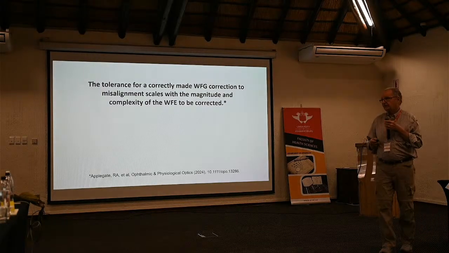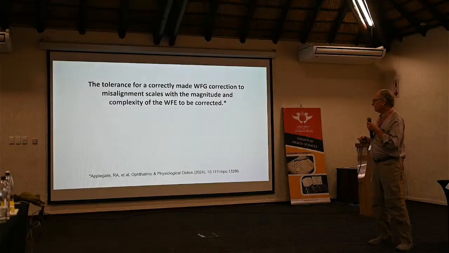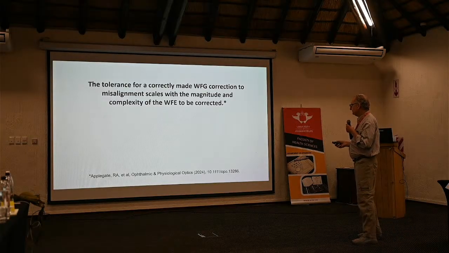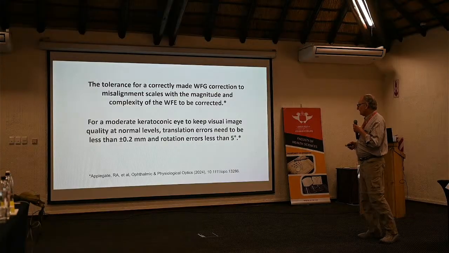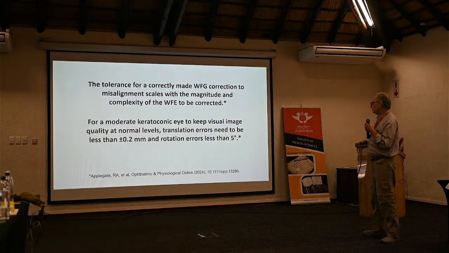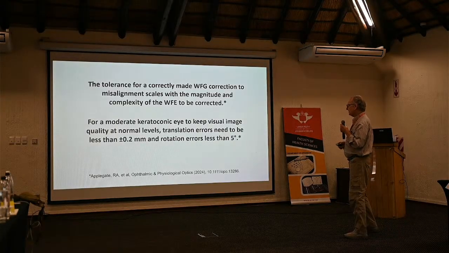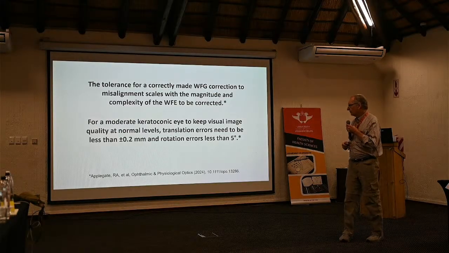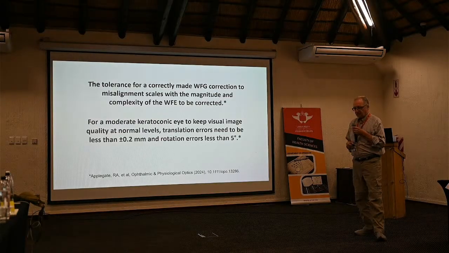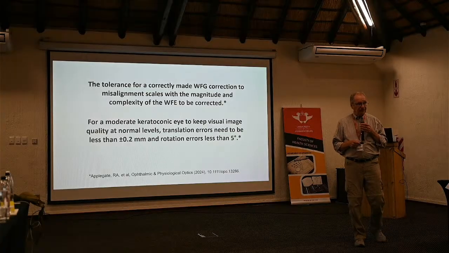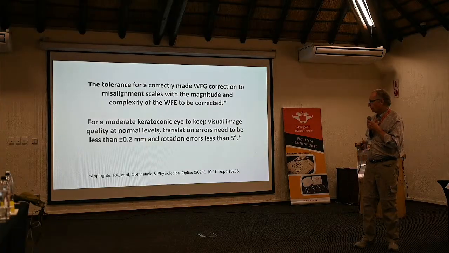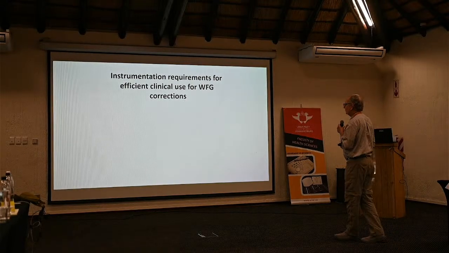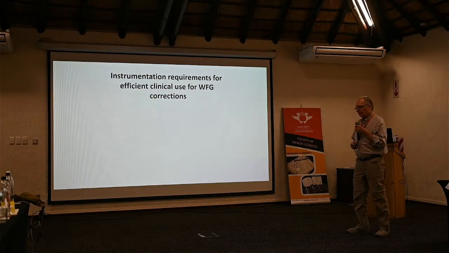It's very irregular. So the more complex, the more stable the lens has to be. For a moderate to severe keratoconic eye, to keep vision stable, we're talking about a movement of around 0.2 millimeters plus or minus, and a rotation of less than 5 degrees.